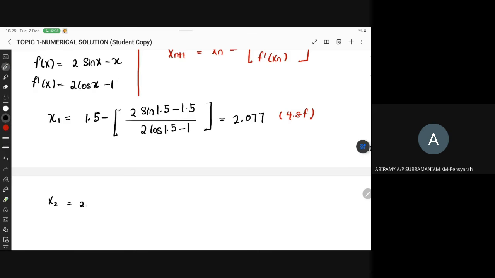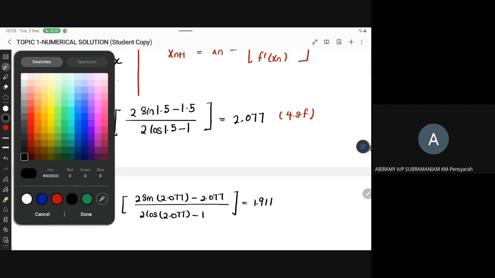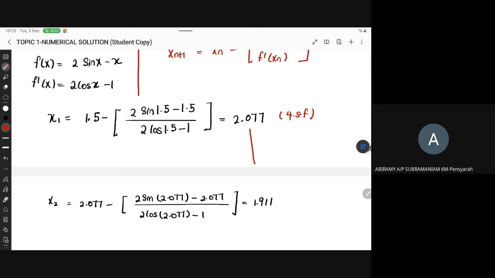So x2 equals to 2.077 minus 2 sine 2.077 minus 2.077, divided by 2 cos 2.077 minus 1. Okay, so using the calculator, we will be getting 1.911. So note that there is a big difference between x1 and x2, so we need to continue to x3.